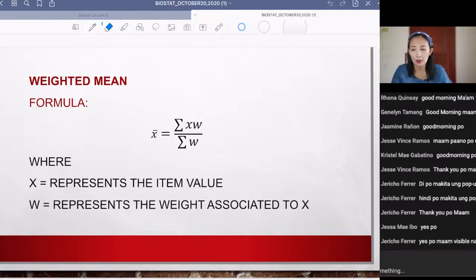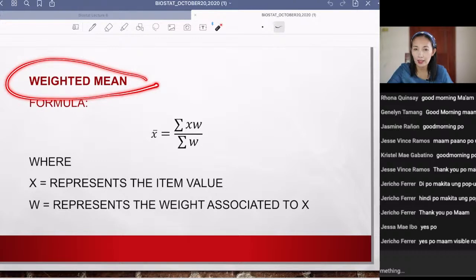CGPA is an example of weighted mean, because we have to consider the number of units. If all subjects have equal weightage, then we simply add up all the grades. But if there are subjects that are credited 3 or 4, then that requires a weighted mean.